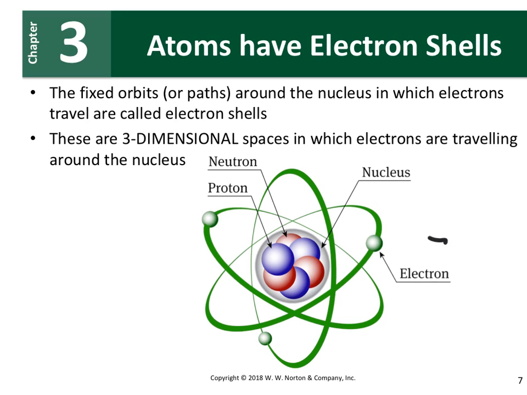And they're actually in 3 dimensions, so they're not really following a path like this. They're like a big shell. And they're called orbitals. And orbitals, some are closer to the nucleus and some are farther away.